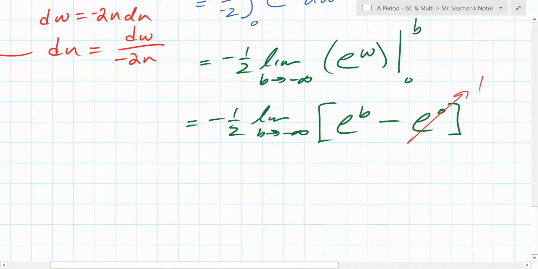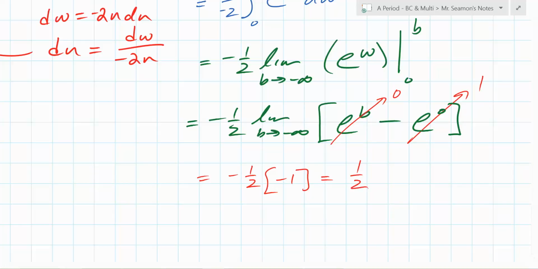This is 1, right? What's the limit as b goes to negative infinity of e to the b? That goes to 0. If b was going to infinity, what would it go to? Kaboom, right? But because it's going to negative infinity, it goes to 0 instead of infinity. Therefore, our final answer is going to be negative a half times what? So it's 1/2. So if you don't change the limits of integration and you do everything properly, your limit is going to go the opposite direction.